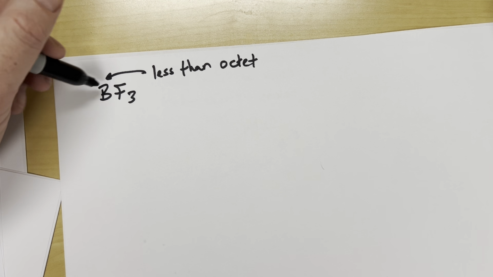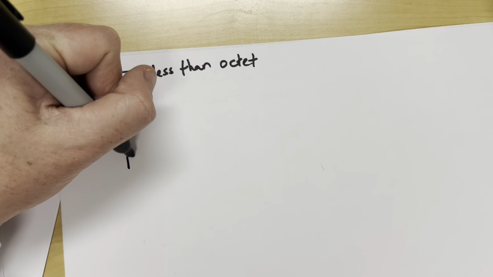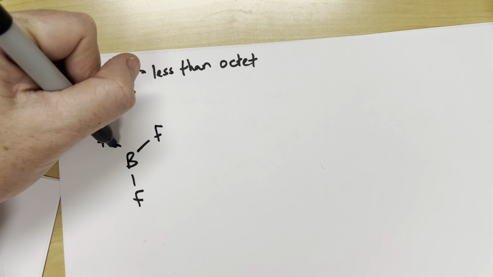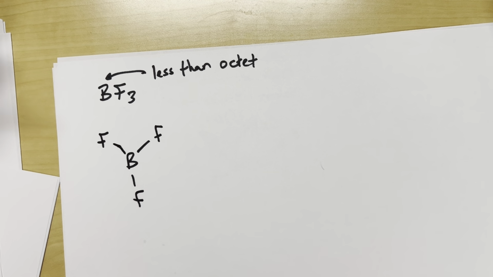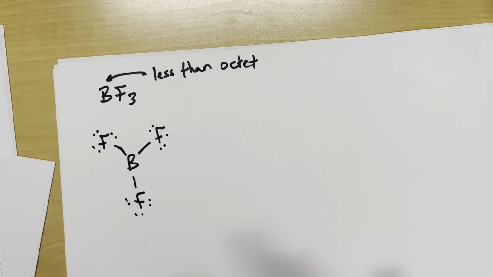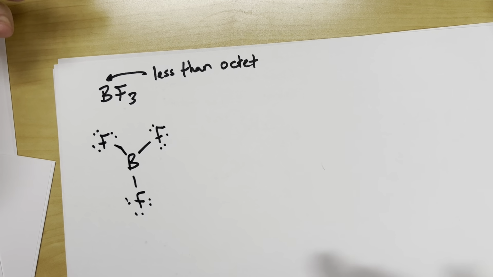So this is going to be a different one than most. We already know that boron wants to have 3 bonds. Okay. Let's give the fluorines the octet though, because they need it. They really want it anyway. Okay. And we don't need to do anything else.